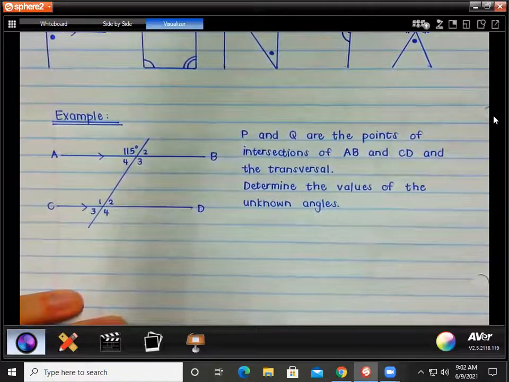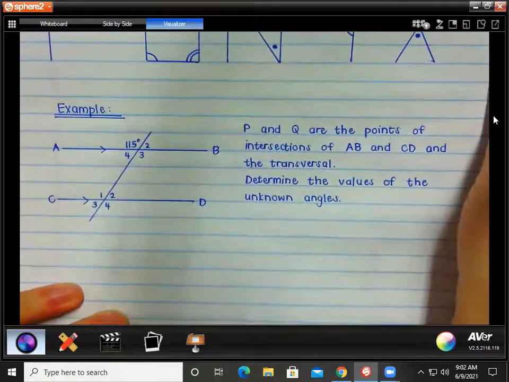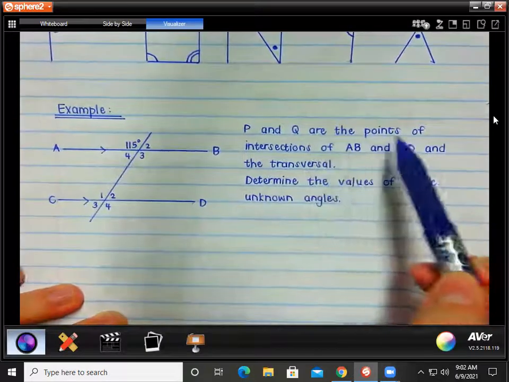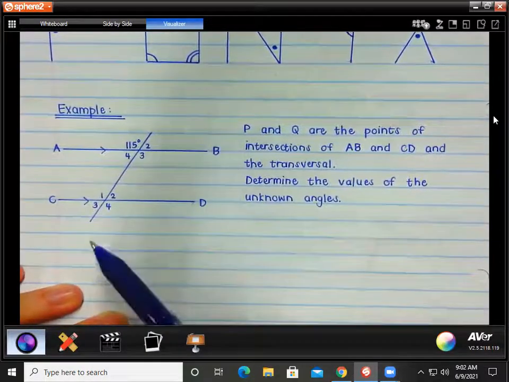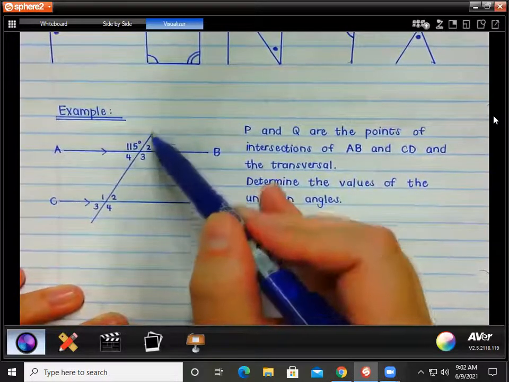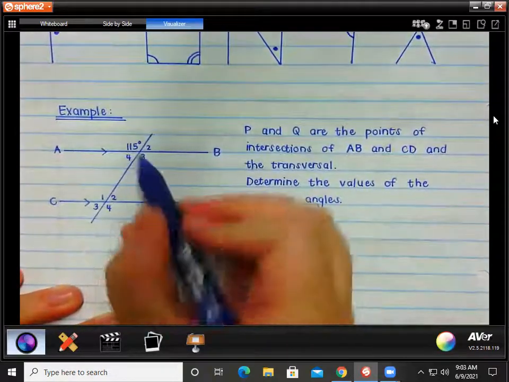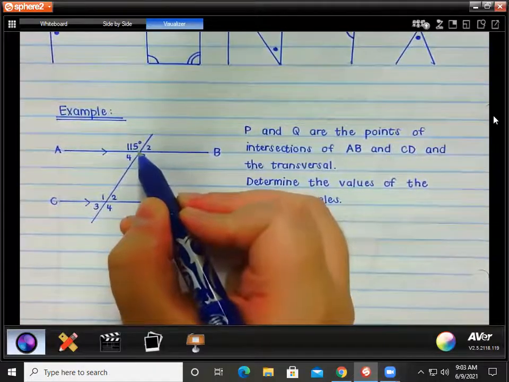Okay, guys, they're talking about P and Q here, but they didn't put it on the picture, all right? But they are telling us what P and Q are. So they're saying that they are the points of intersection of AB and CD and the transversal. Now, if we look at AB, it is being cut or intersected by this transversal, and that point where they are cutting each other, that is the point of intersection.